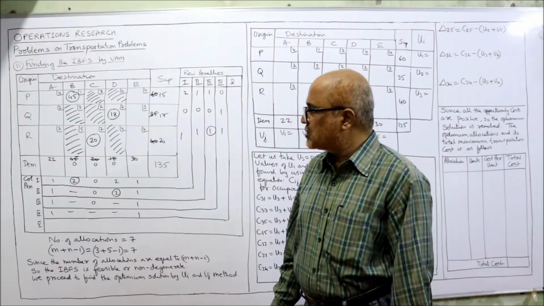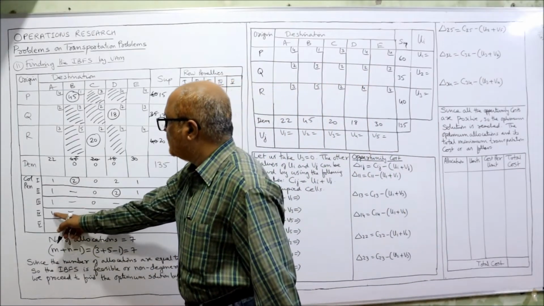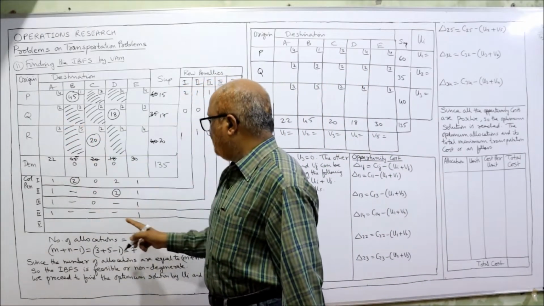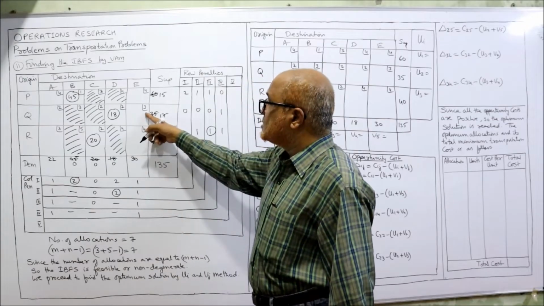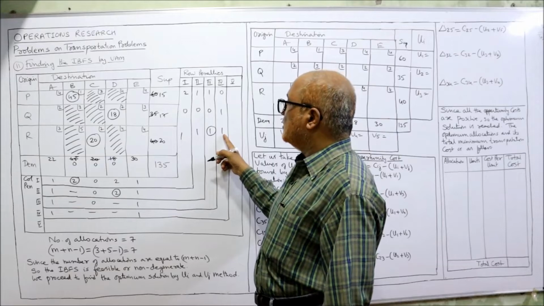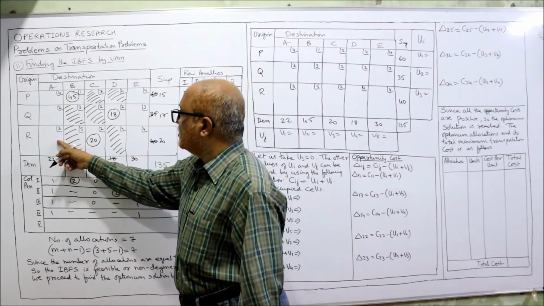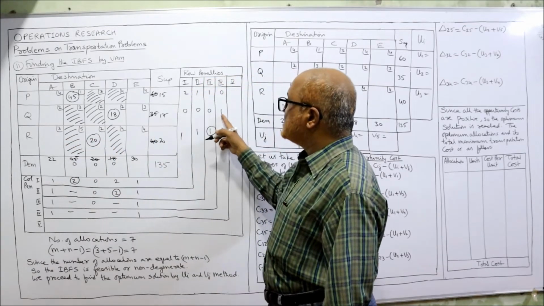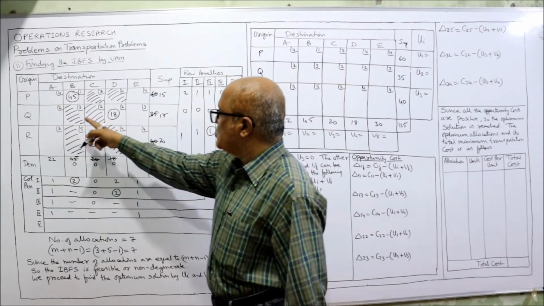We compare the cost. If we select this one, the minimum cost is 2. If we select this one, minimum cost is 3. So we are not going to select this one. If we select this one, again minimum cost is 3. We are not going to select this one. If we select this one, the minimum cost is 2.